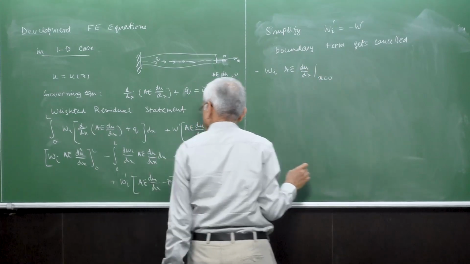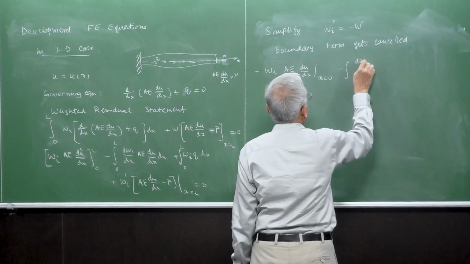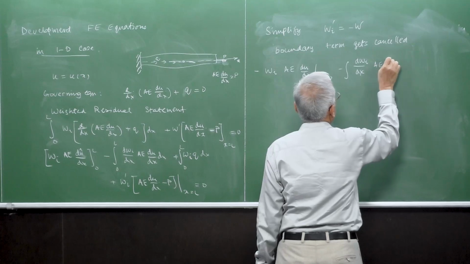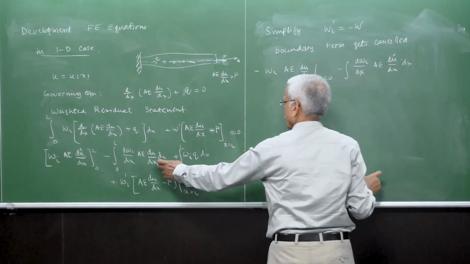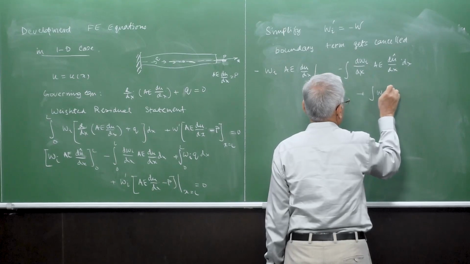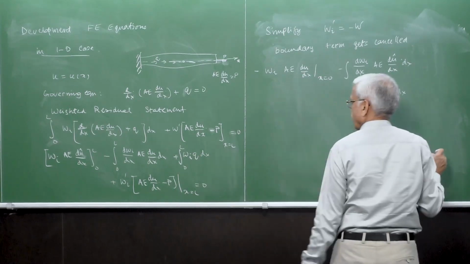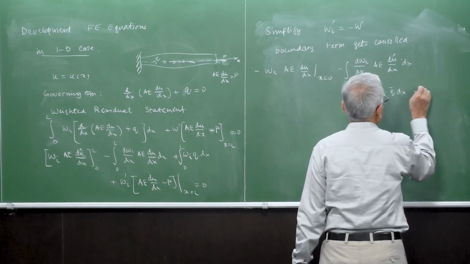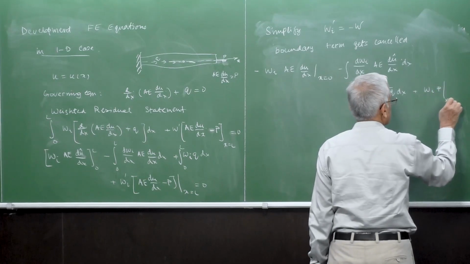So the term at x equal to L got cancelled, and the du hat by dx term remains, and minus Wi plus Wi, so that means Wi times P at x equal to L.